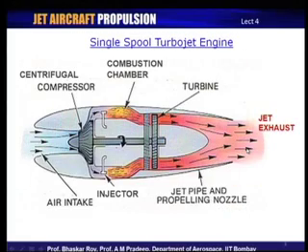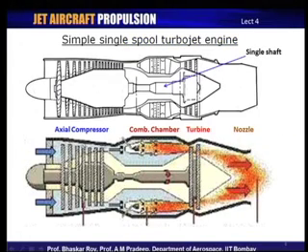Let us take a look at another variant of this single shaft, or often as it is called single spool basic turbojet engine, in which for a compressor you have a centrifugal compressor. Now, as you can see, it looks quite different from the earlier one. In the earlier version, you had a series of compressors.